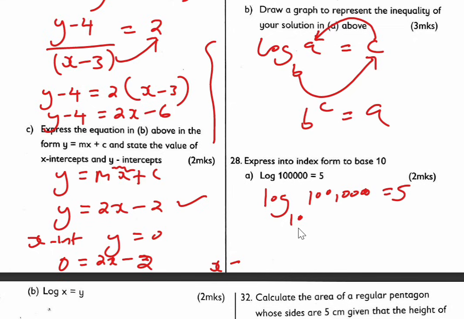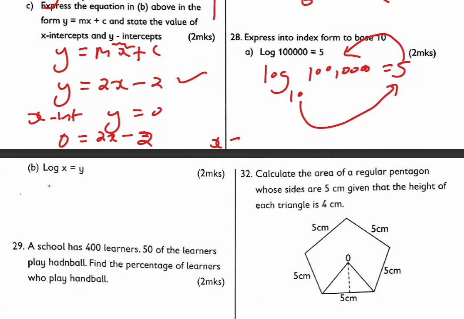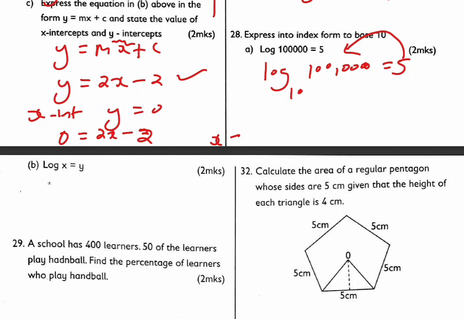You pick the base, 10, you raise it to 5, is equal to 100,000. So we get those 2 marks.